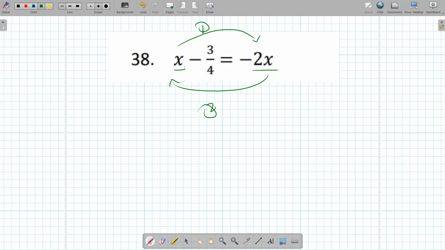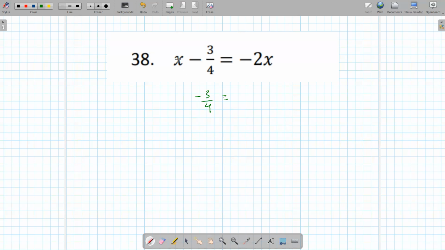Okay, so if you take the x to the other side, what does it become? Does it become 1x? What do you do to x to get rid of it? You add it? No, you want to subtract x from both sides.